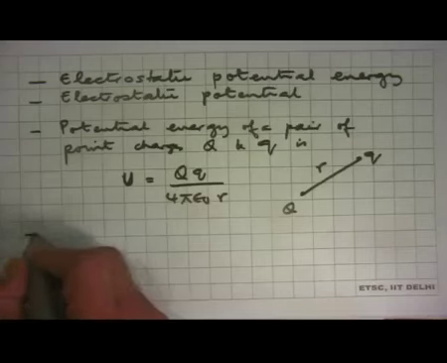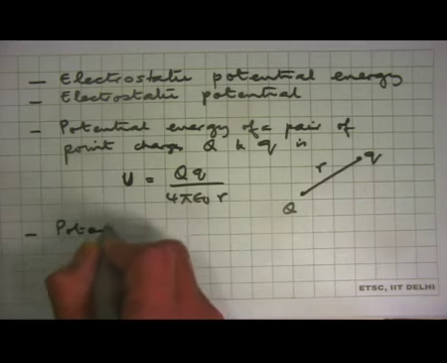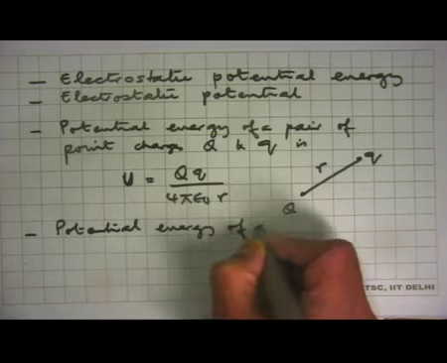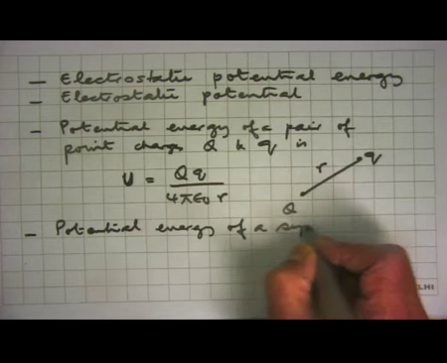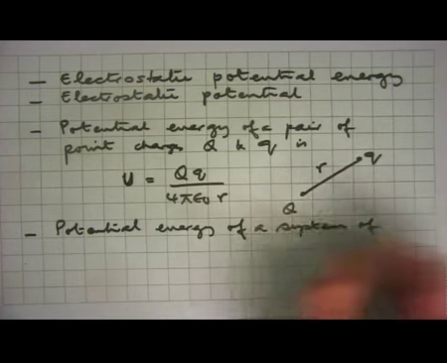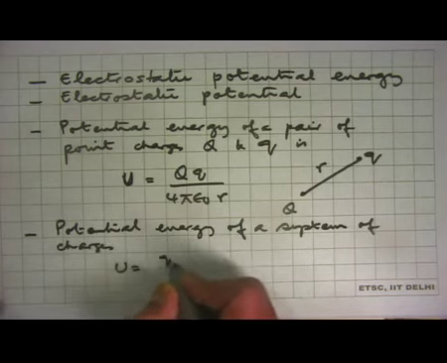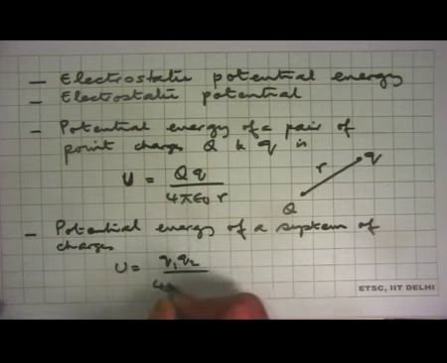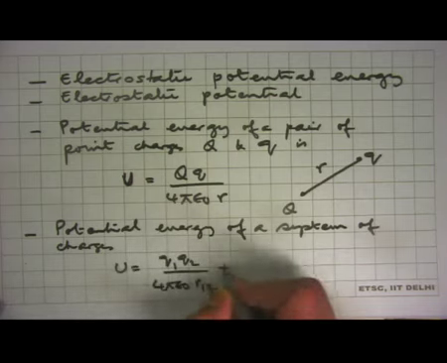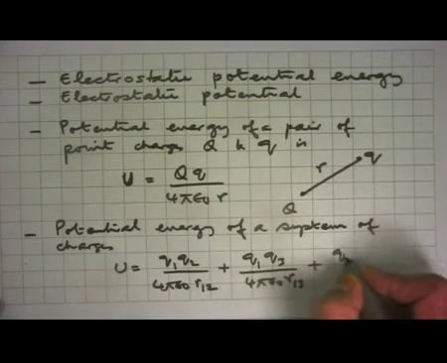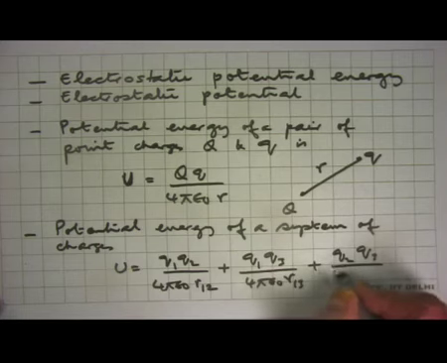If you have multiple point charges, for example, the potential energy of a system of charges, U will be equal to, say if you have 3 charges, q 1 q 2 by 4 pi epsilon 0 r 1 2 plus q 1 q 3 by 4 pi epsilon 0 r 1 3 plus q 2 q 3 by 4 pi epsilon 0 r 2 3.